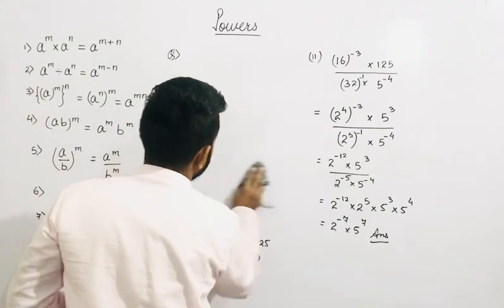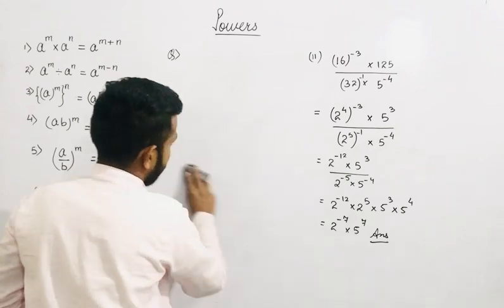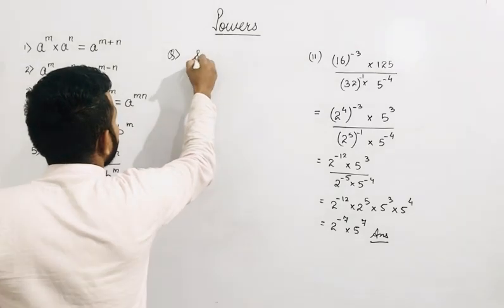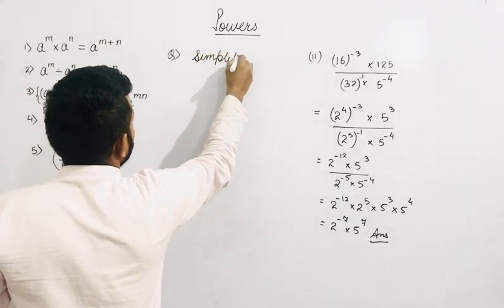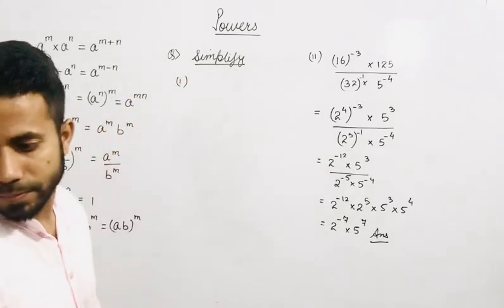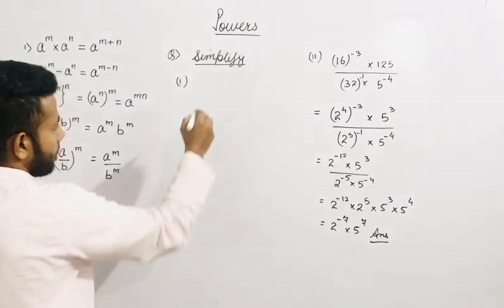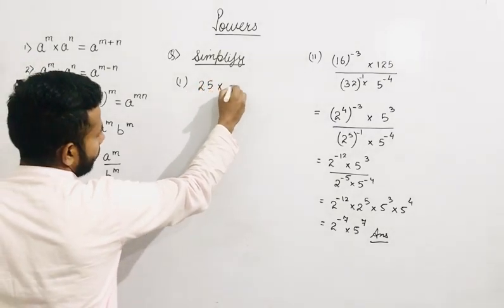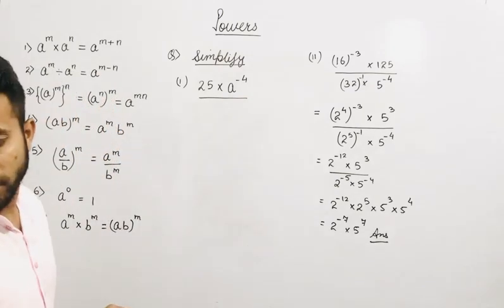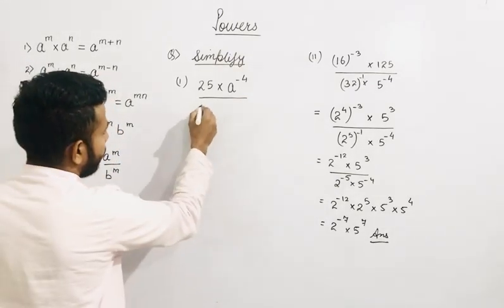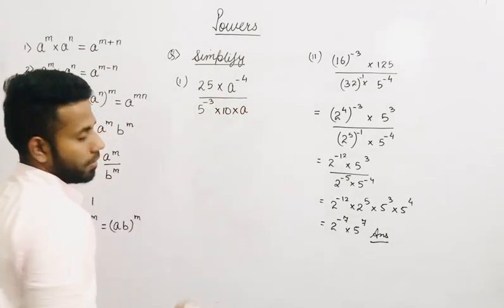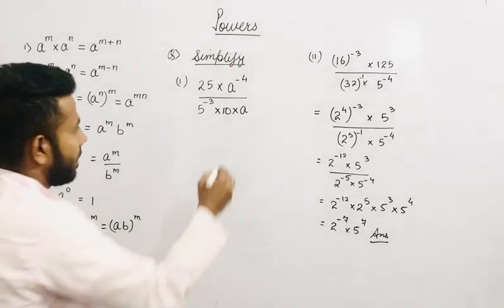A very easy question is given, to simplify: 25 into a to the power minus 4 by 5 to the power minus 3 into 10 into a to the power minus 8.